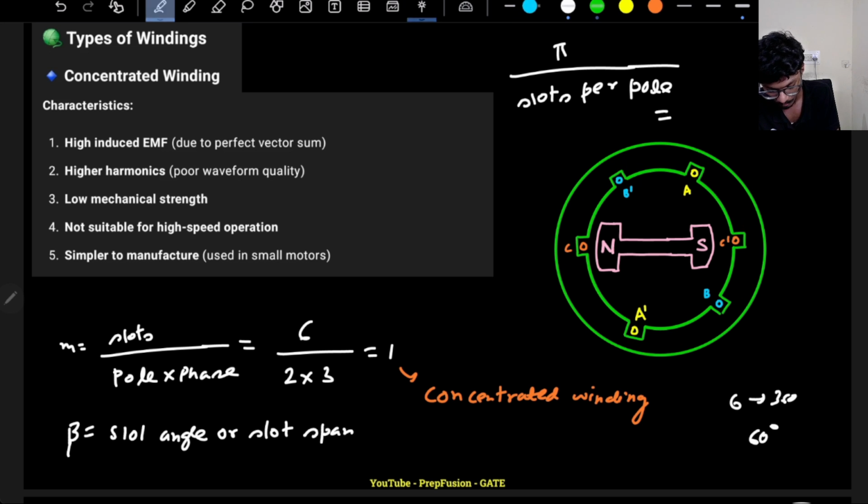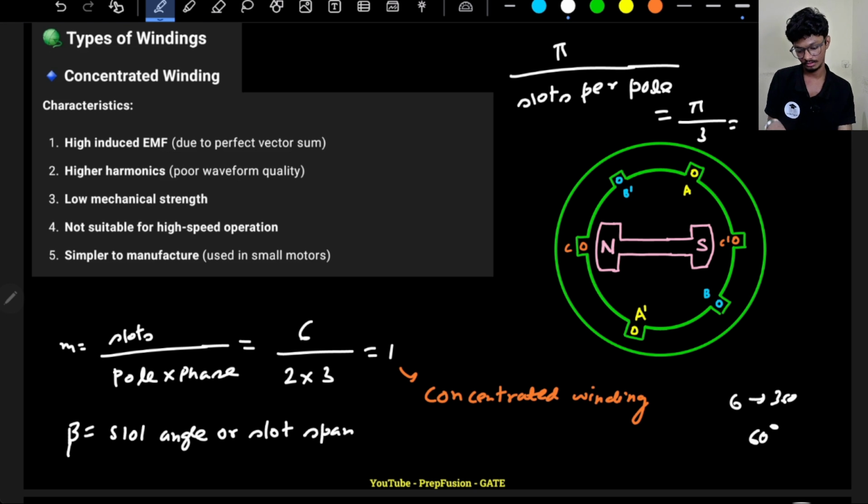The same comes out here: pi upon slots per pole. How many slots do I have per pole? 3 slots. So pi by 3 is 60 degrees, pi by 3 in radians. It is the same, not different.